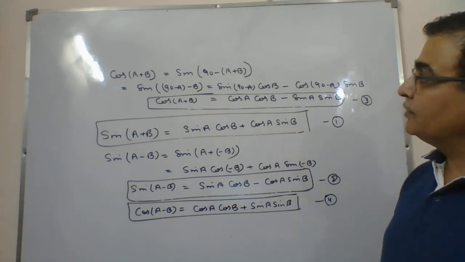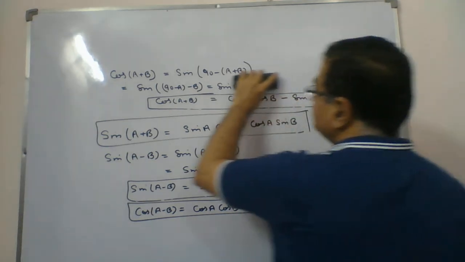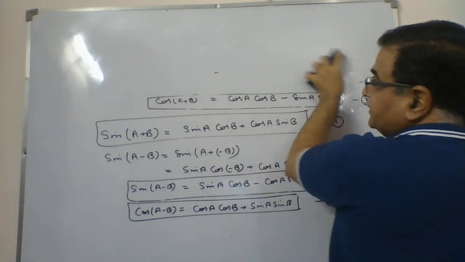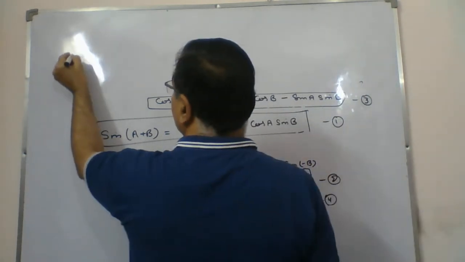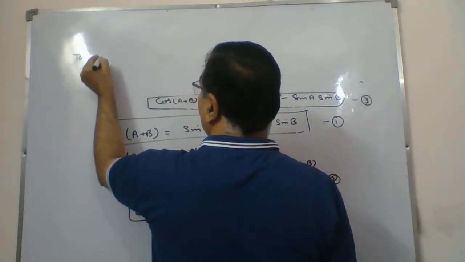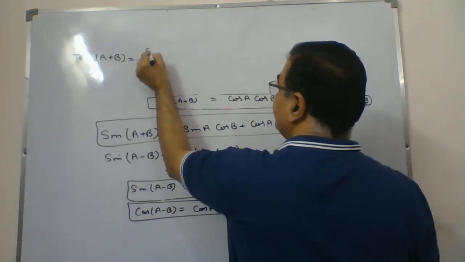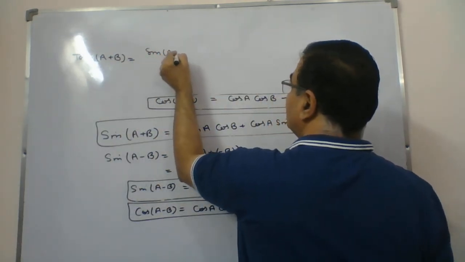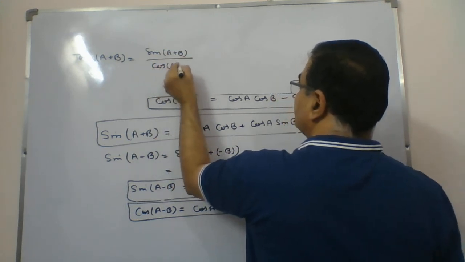After that, one more result is left, tan(a+b). That also we create now. We need the tan(a+b) formula now. When we think about tan of a plus b, I can write it as sin of a plus b by cos of a plus b.